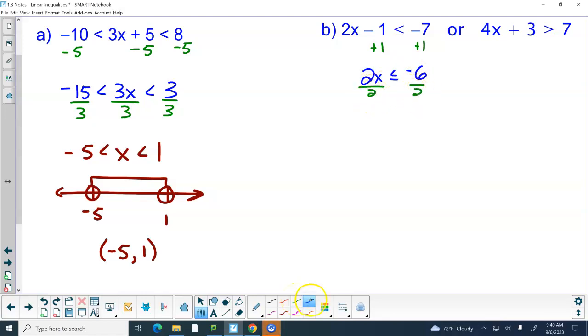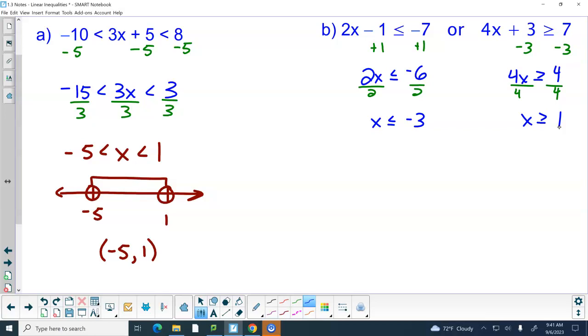Would have gotten me x is less than or equal to negative 3. We agree with that one. Then I would subtract 3. That gives me 4x is greater than or equal to 4. Dividing by 4 gets me x is greater than or equal to 1. Agree with that.